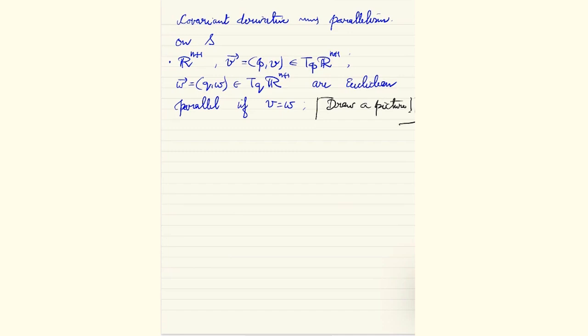So now we are interested in vector fields along curves. Again, only in Rn plus 1 so far. A vector field along a curve. When I say curve, it's always parameterized, so we fix the parameterization.